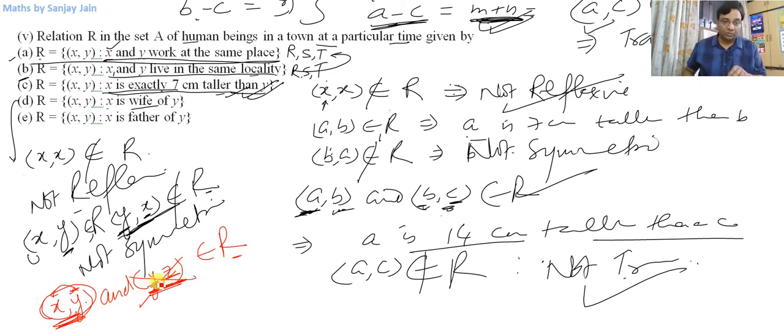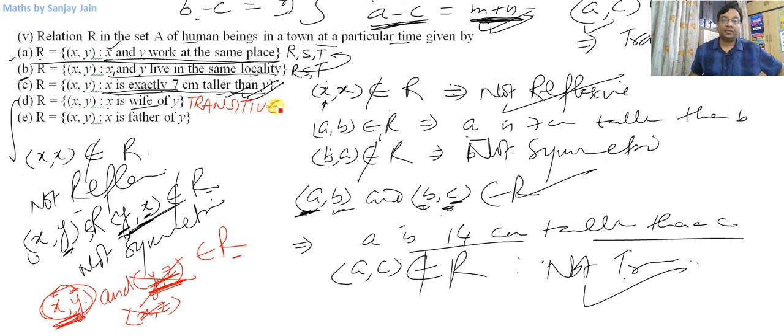and if it is not present, I don't have to check for X comma Z, right? I just have to check in case of transitivity. If X comma Y and Y comma Z is present, then I have to check for X comma Z, right? Otherwise I don't have to check. I can simply say that this relation is transitive.